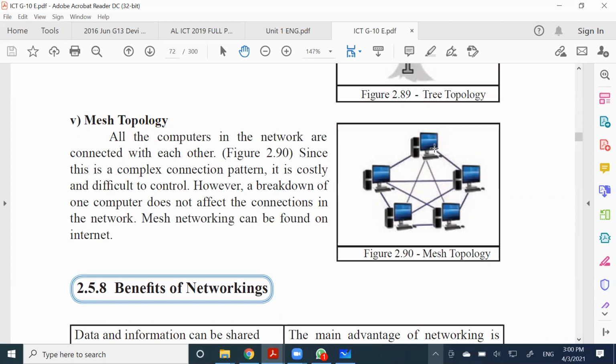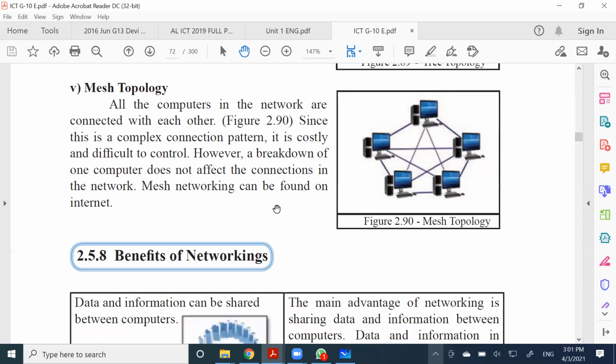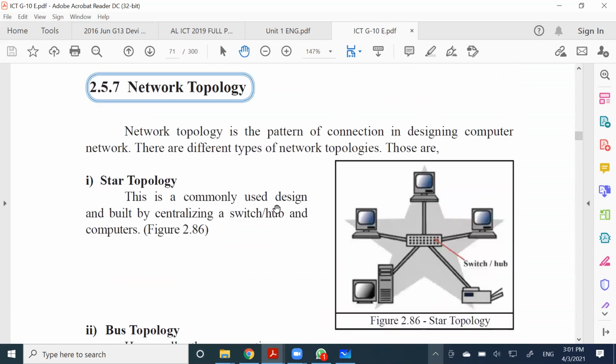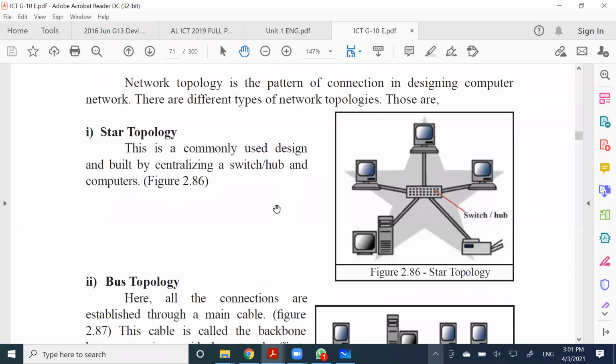So this is called mesh topology because the wires are going here and there always. And again, it is the expensive one, but it is the fastest one as well. Right, so those are called the topologies, right? Can I have the confirmation, people? Got that?